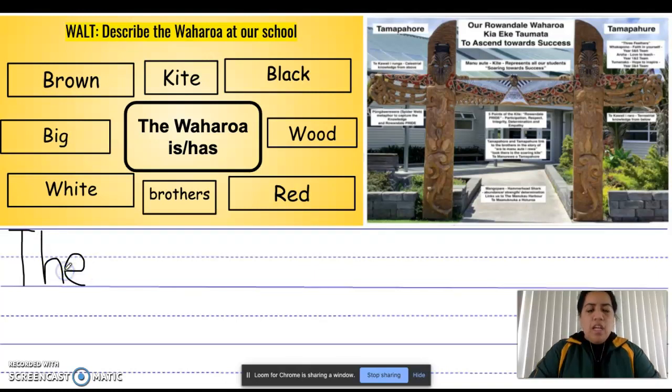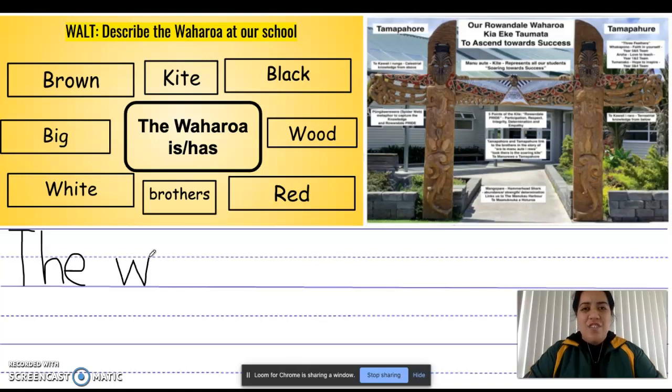The. The what? What are we writing about today? The Waharoa. What letter does the word Waharoa start with? W. Is there the word Waharoa on our page already, Aroha 3?